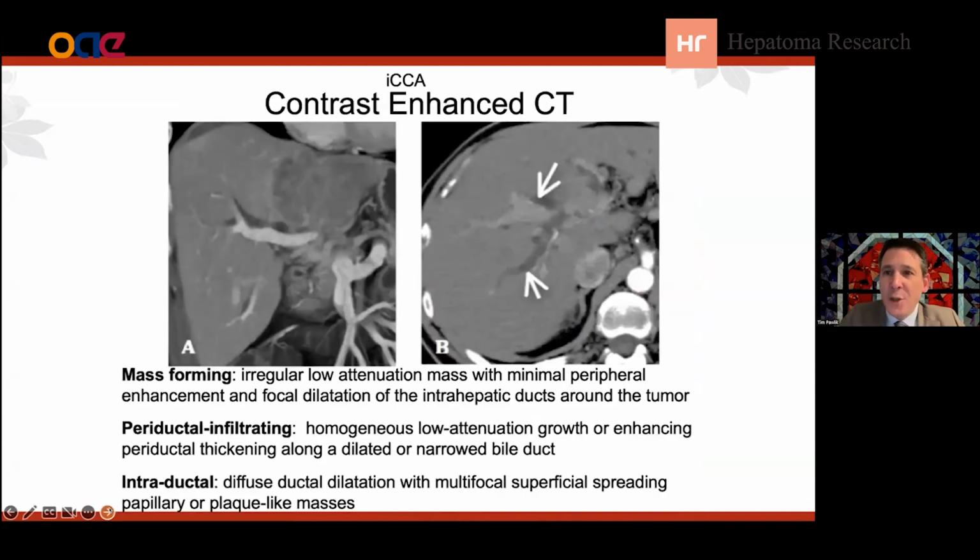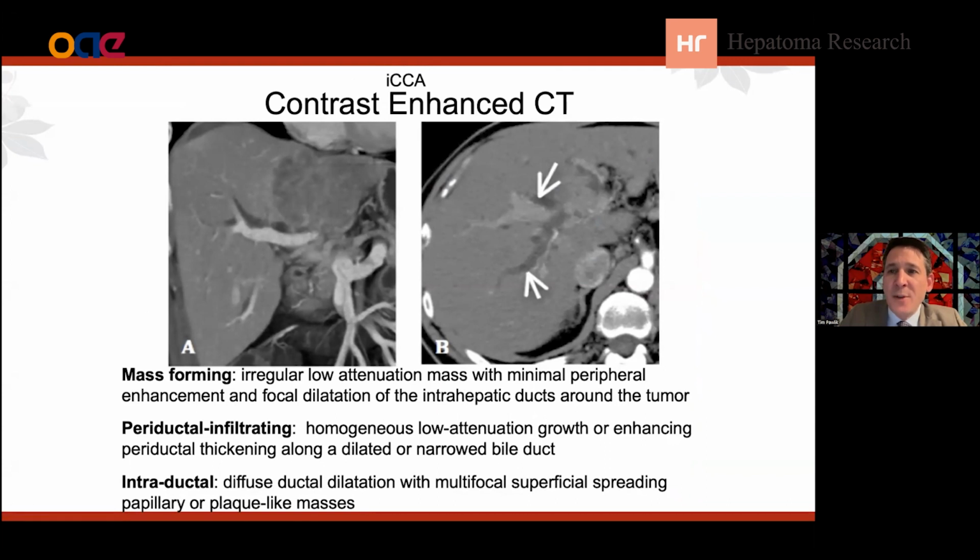In general, the most common type of intrahepatic cholangiocarcinoma, if you look at our large international series, is the mass-forming lesion. And on CT, this mass-forming lesion will present very differently than a hepatocellular carcinoma, whereas hepatocellular carcinomas tend to have early enhancement and late washout.